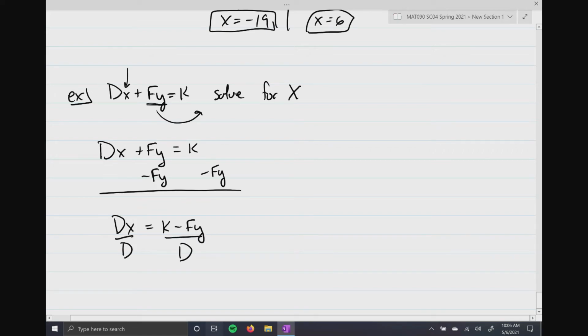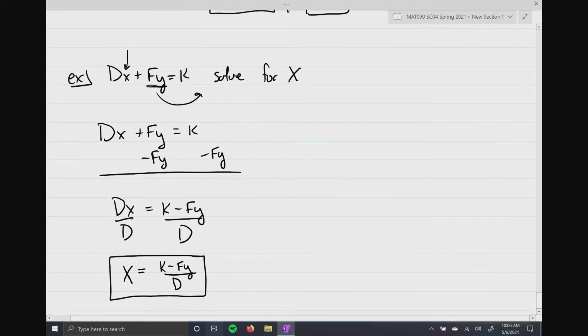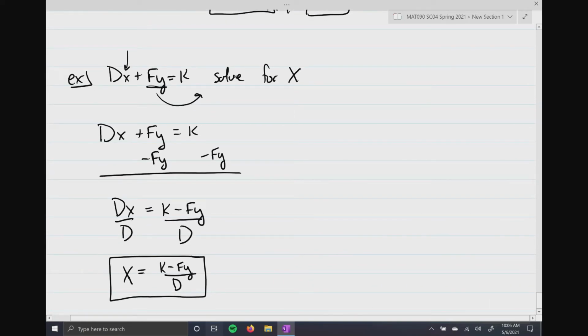And then divide everything by the value in front of the variable. In this case, it's a d. To give us x equals k minus f times y divided by d.